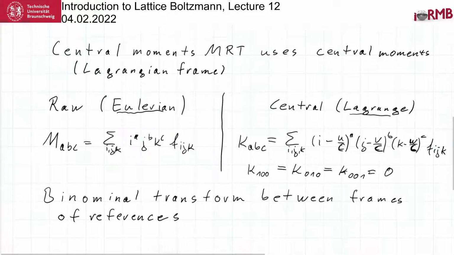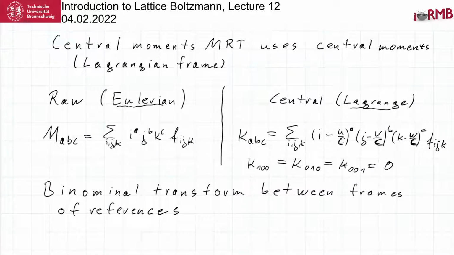So these are the two. I mean, there's of course infinitely many different frames of reference. However, these are the two that make sense. The Eulerian frame is the frame of the lattice, so the frame in which we solve our equation, and the central, the Lagrangian frame, is the frame of the fluid.